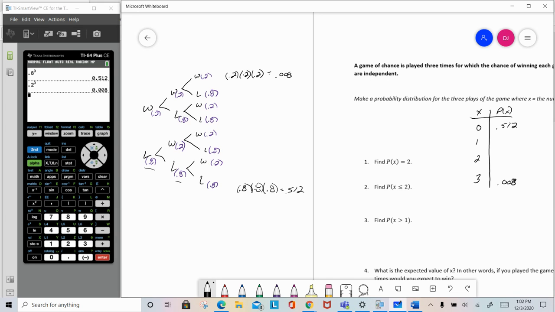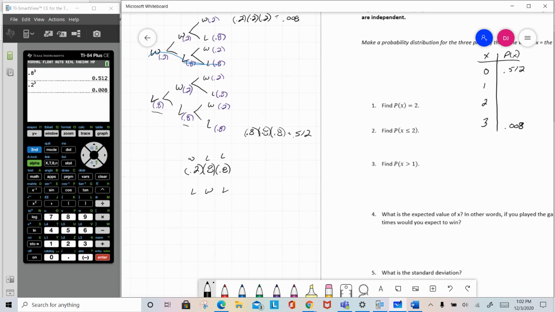Now, what's the probability that I win once? Well, I might be tempted to say that that's going to be 0.2 for the win times 0.8 for the 2 losses, but that only takes into account win, lose, lose. That's this track here, win, lose, lose. But could I also lose, win, lose?